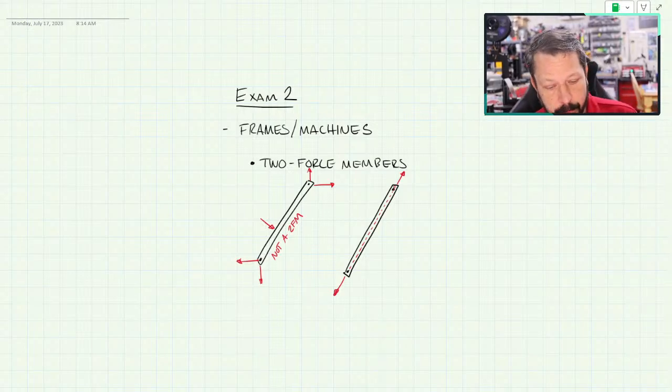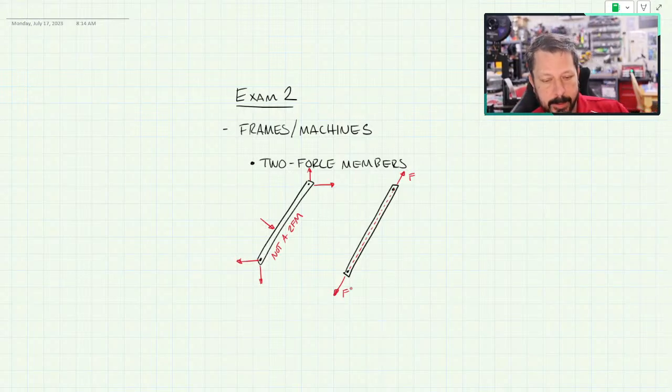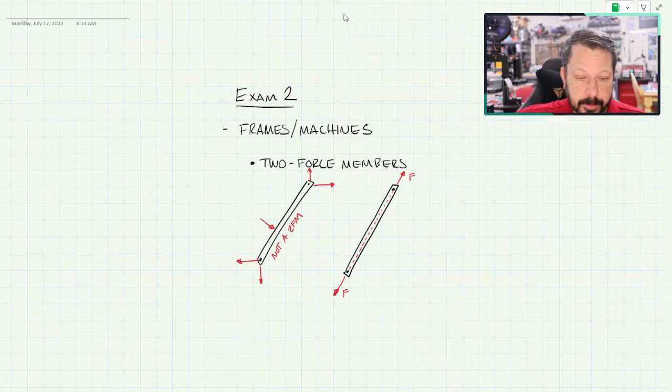So instead of 4 unknowns, AX, AY, BX, and BY, that I have in the left-hand picture, I just have 1 unknown, F. It's just the force in this member, or the tension in this member, or whatever you want to call it. You don't necessarily know if it's tension or compression, you just know it's on that line of action. So identifying 2 force members is very useful, sometimes necessary, for solving these frames and machines. So you need to know about 2 force members.